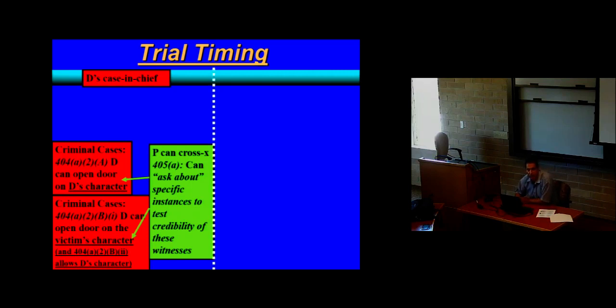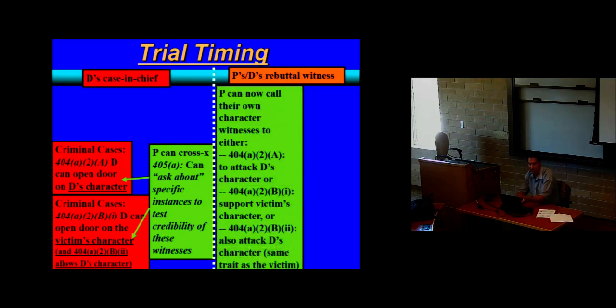Remember that the prosecution can also call their rebuttal witnesses to do the same thing. And now with the rebuttal witnesses, now that the defendant has opened the door on their good character, not only can the prosecution cross-examine them and ask about specific instances of conduct, but the prosecution can also call their own character witnesses, and they can rebut whatever the defendant opened the door on.